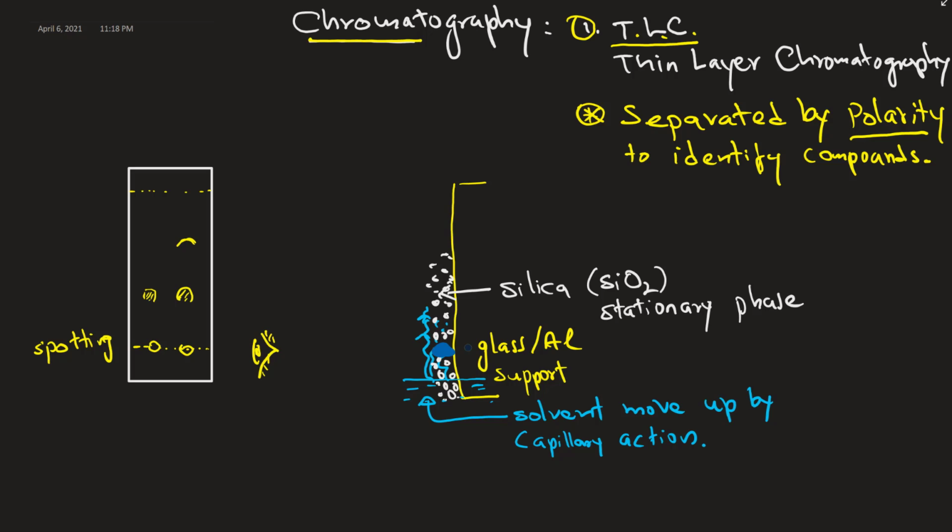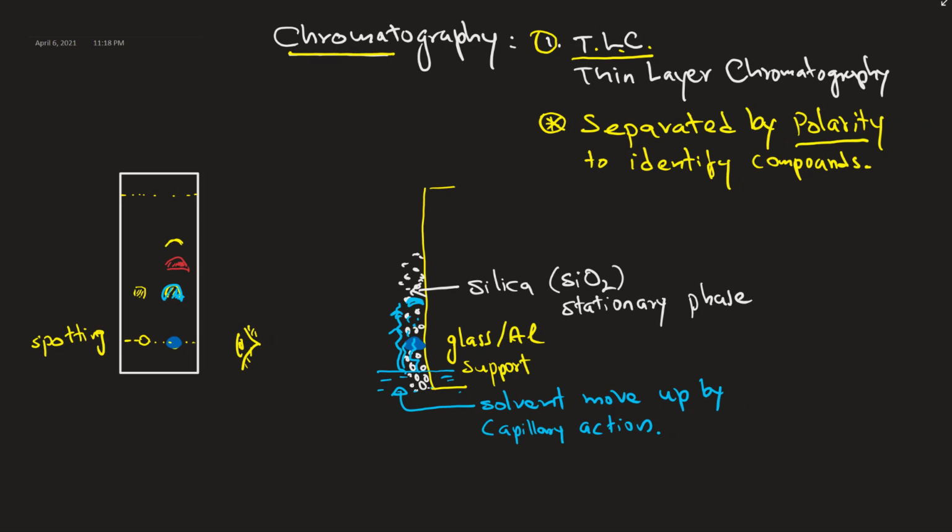So this spot, the blue, I don't have black for this one, so let's say the blue spot is the black ink. And let's say black ink is comprised of blue, green, yellow, right? It will be separated. So the red color, the green color, and the yellow color will be separated because they have different polarities, right? So this is separated because of the capillary action. The solvent pull is different, right?